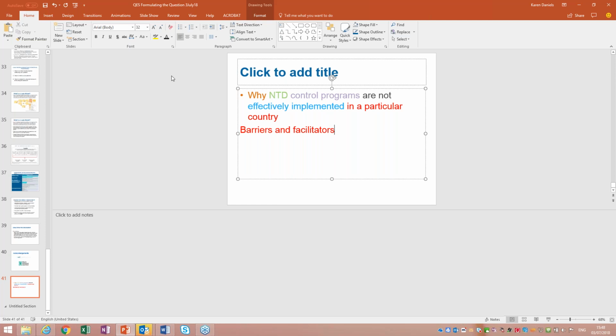I would also ask about perceptions. How do different stakeholders perceive neglected tropical disease implementation? How do different stakeholders perceive NTD control program implementation, or experience NTD control programs?